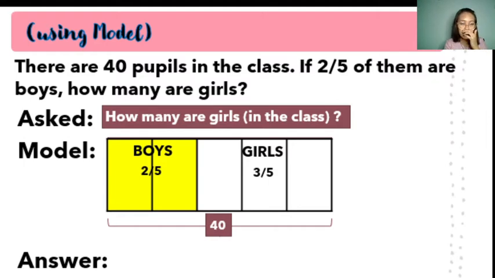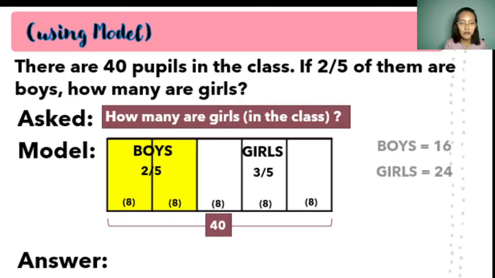So, by doing so, 40/5, that is 8. So, that means 8 students per part. So, para makuha natin yung number of boys, just simply add 8 plus 8. Para makuha natin yung number of girls, i-add lang natin yung tatlong 8 na walang kulay. 8 plus 8 plus 8.